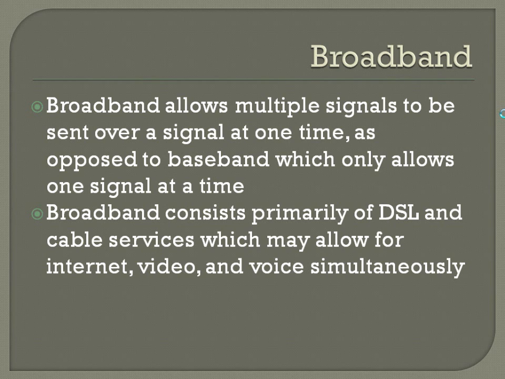So regular telephone service is going to use those lower frequency bands. You've got the higher frequency bands, which are going to be taken over by your DSL connection. And then cable services are starting to do the same thing too, where they offer internet, video, and voice all over using different frequencies.